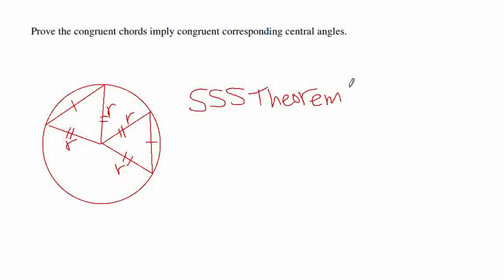Now, we also know that congruent parts of congruent triangles are congruent. I sometimes refer to that as CPCTC. So that means that the central angles are congruent. So that completes our proof. Congruent chords do indeed imply congruent corresponding central angles.